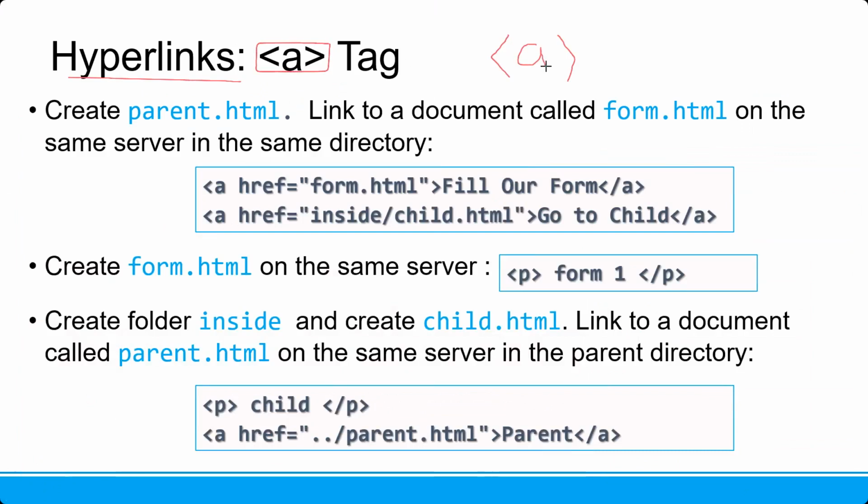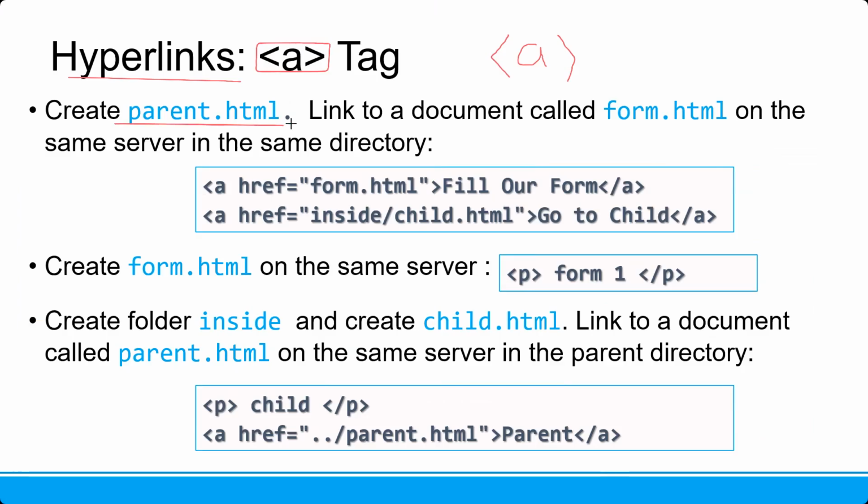Now, for this one, let's see how we can do with several HTML files. So we want to link from one file to another file. Okay. So let's make a file parent.html.